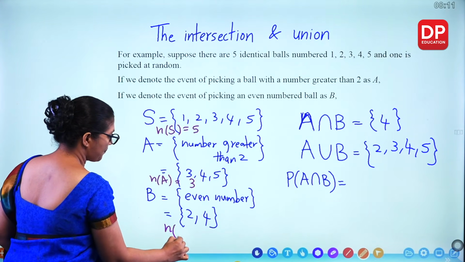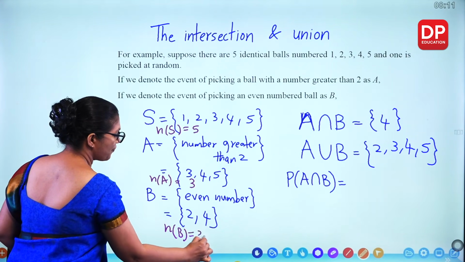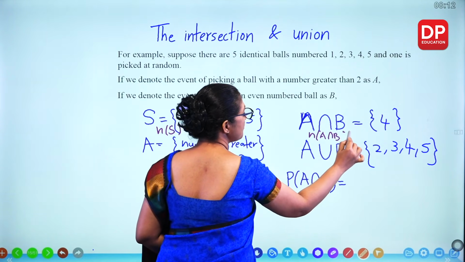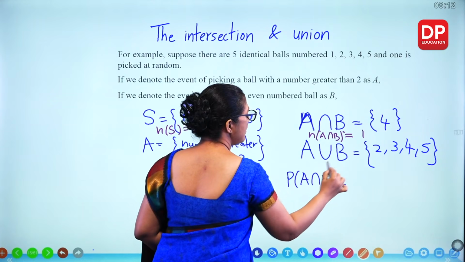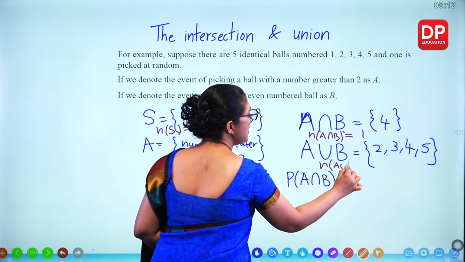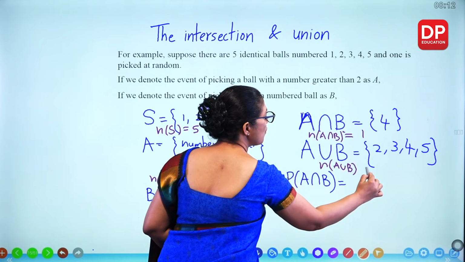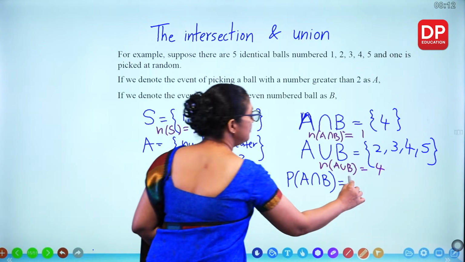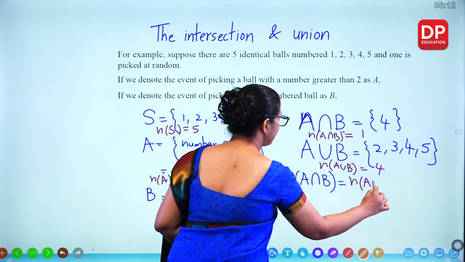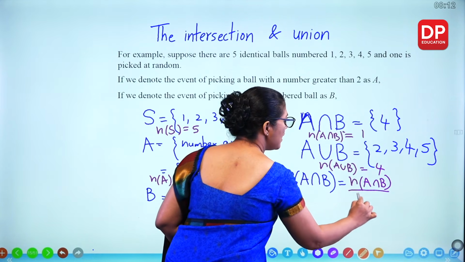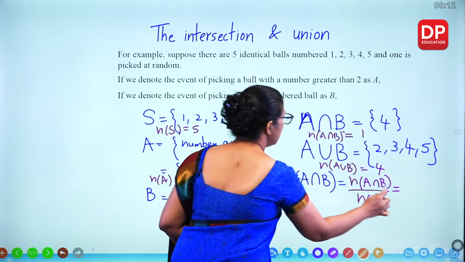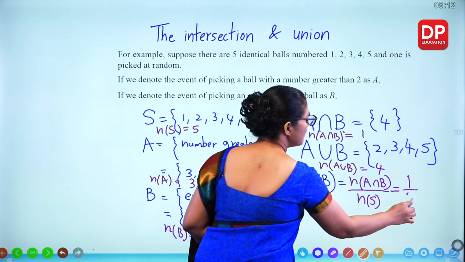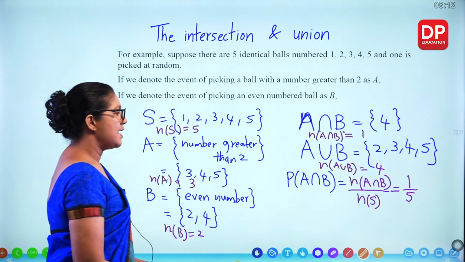What's n(B)? 2. n(A intersection B)? 1. n(A union B) is 4. So what's the probability of A intersection B? n(A intersection B) over n(S), 1 over 5. That's the probability of A intersection B.